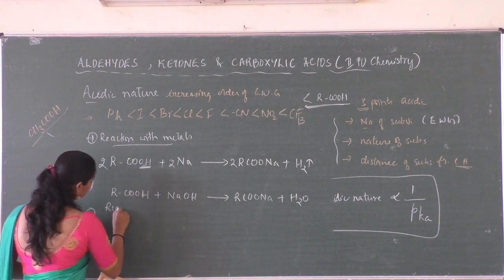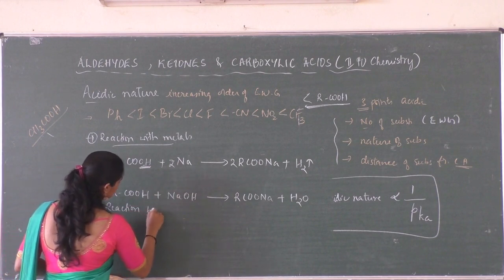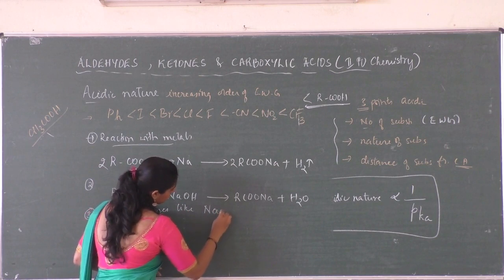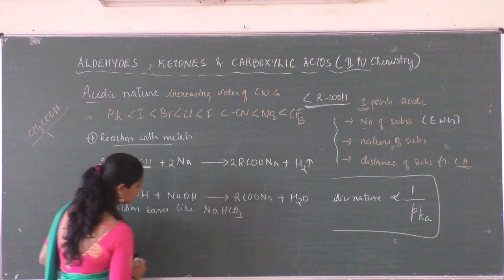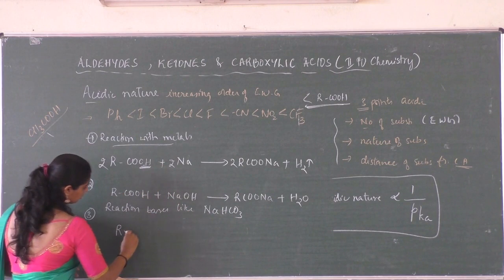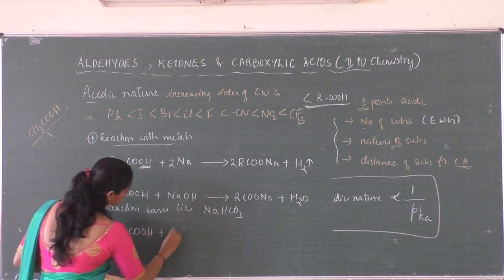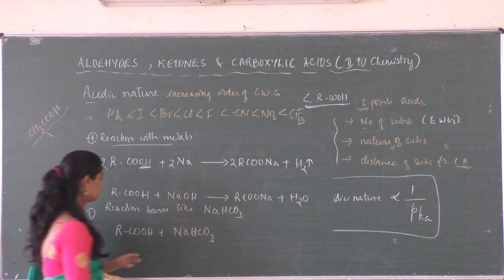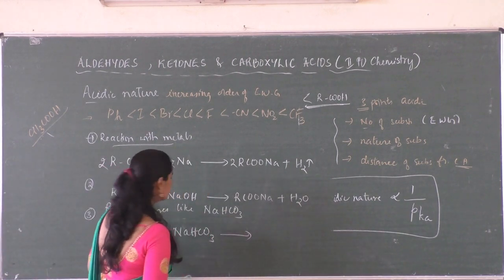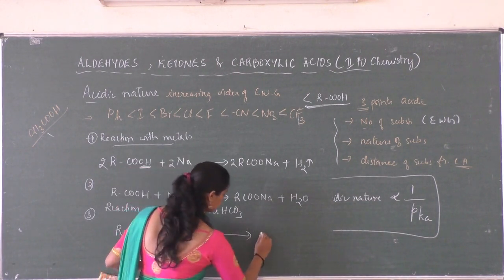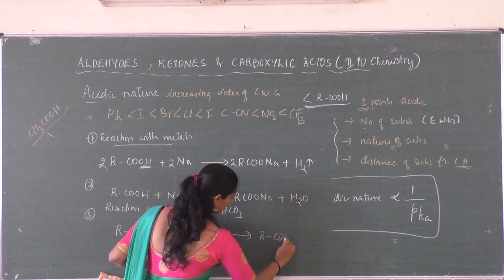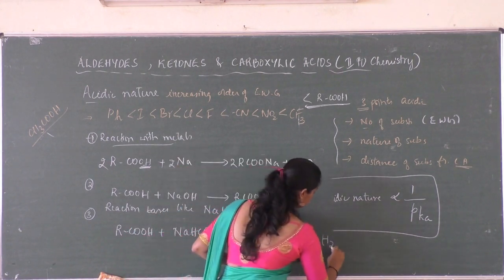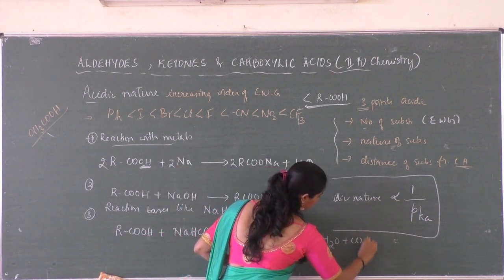Then the reaction with weak bases like sodium bicarbonate or sodium carbonate. When carboxylic acid is treated with sodium bicarbonate, NaHCO3, liberation of carbon dioxide takes place: RCOONa plus H2O plus CO2.